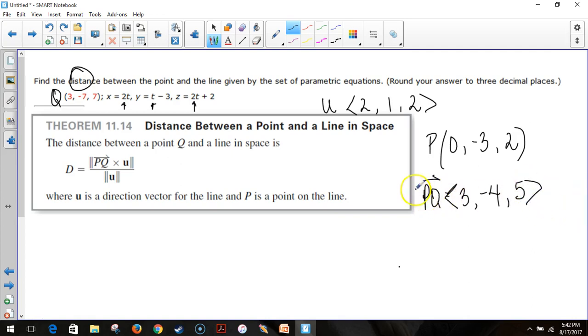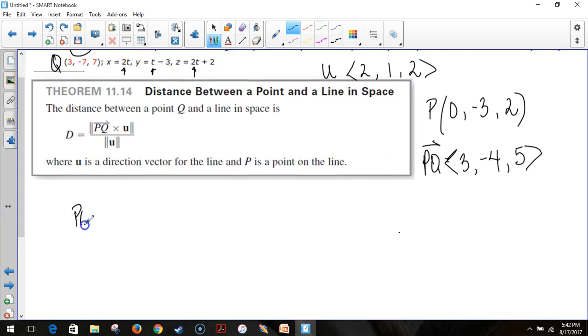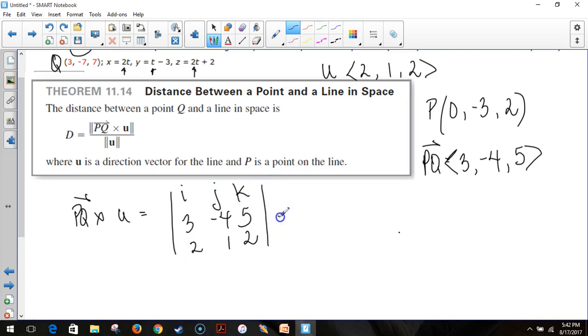So now I have PQ, and I have U, and so let's go ahead and cross them. I have I, J, K, PQ, and U. My coefficient for I would be 8, -8 minus a 5, which is going to be a -13.